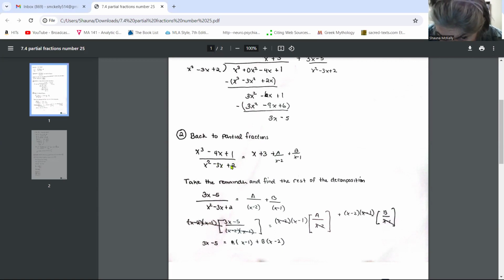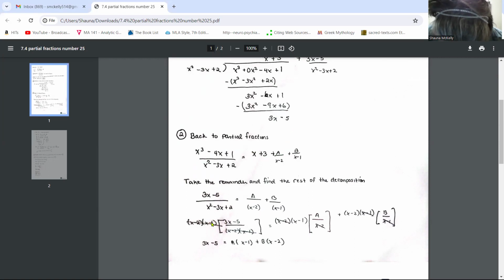It doesn't have any repeated factors or irreducible factors. This is just x minus 2 and x minus 1. So I took the remainder, which is the part that I just found, over the divisor, and found my partial fraction piece for that.